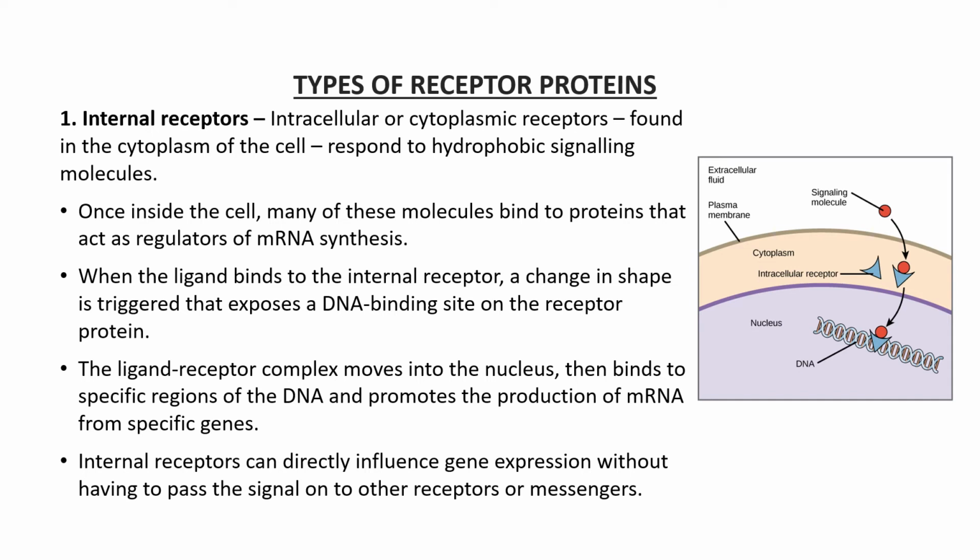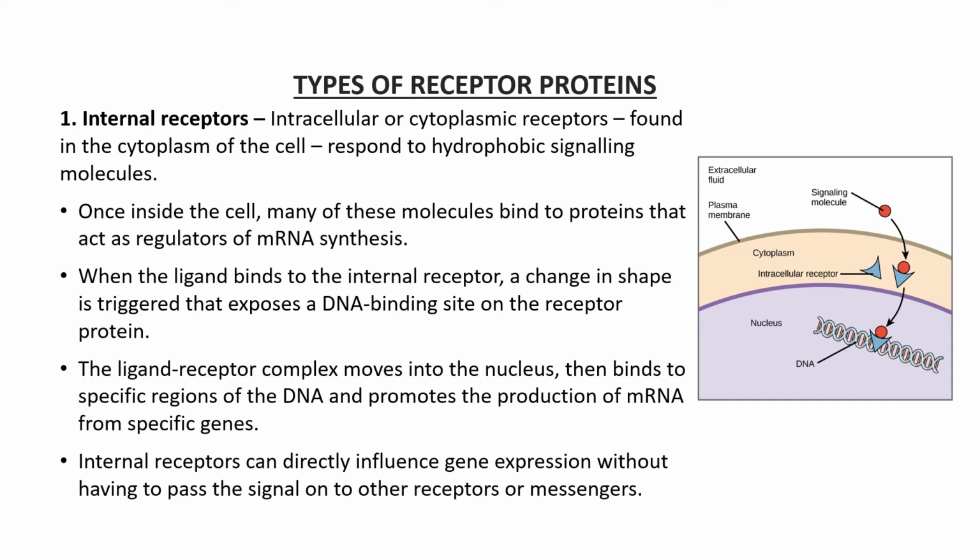Once inside the cell, many of these signaling molecules bind to proteins that act as regulators of mRNA synthesis. When the ligand binds to the internal receptor, there is a change in shape or conformation of this complex, and this triggers an exposure of the DNA binding site on the receptor protein.